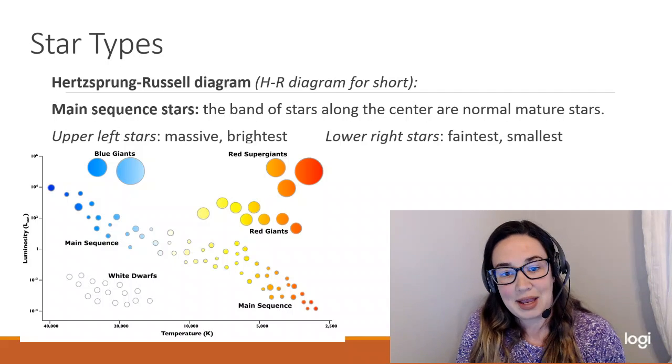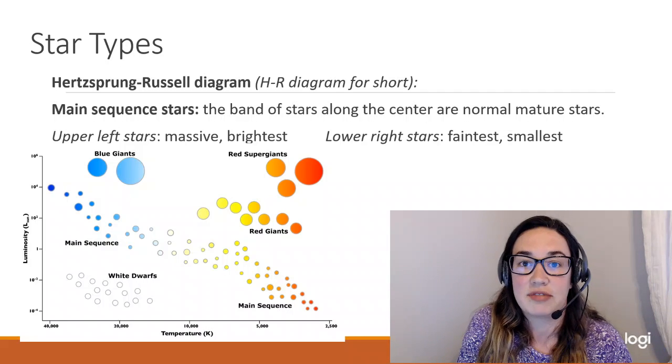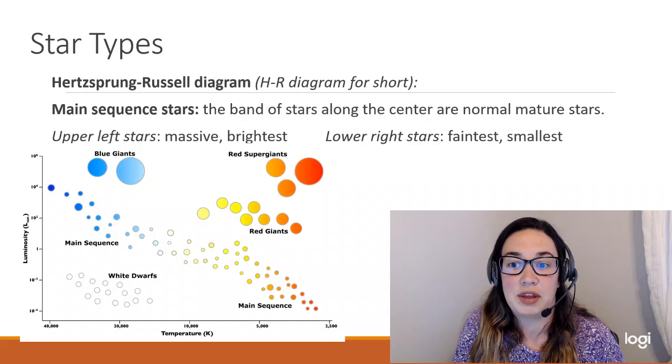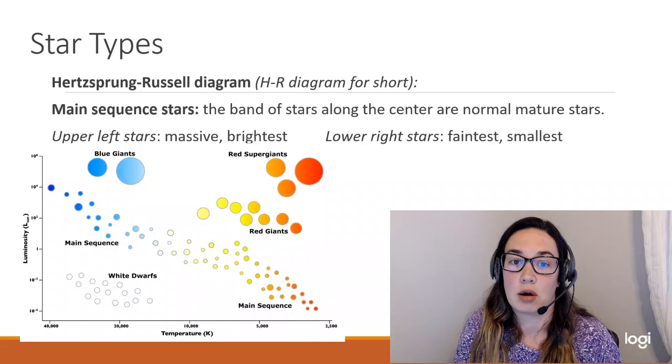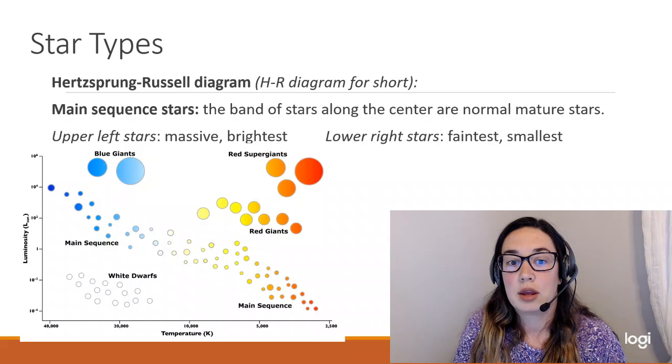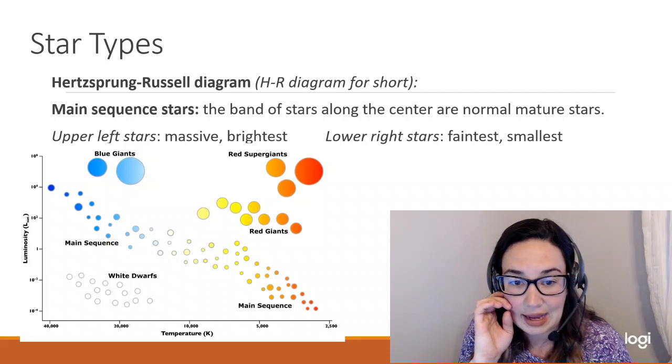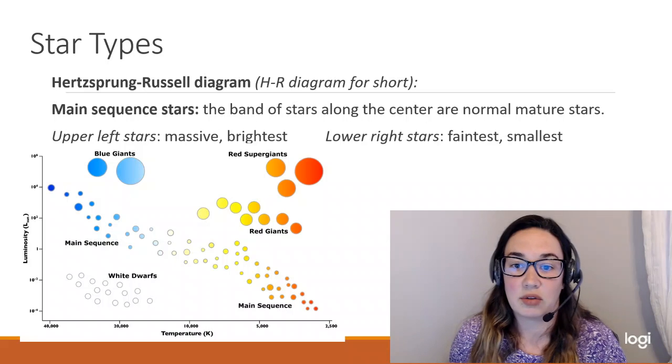But in that main sequence, the upper left of that main sequence here are the most massive of the normal mature stars, and they are the brightest. So those are your blue stars in luminosity, and then also they're very, very high temperature-wise in kelvins.